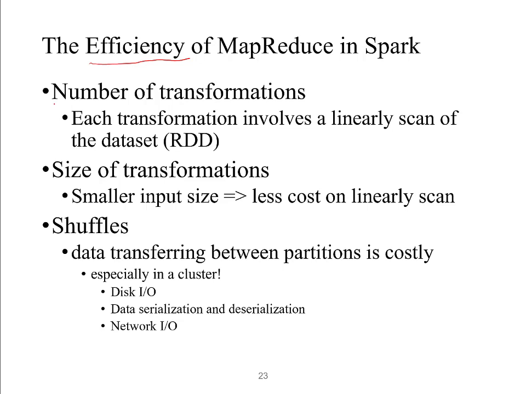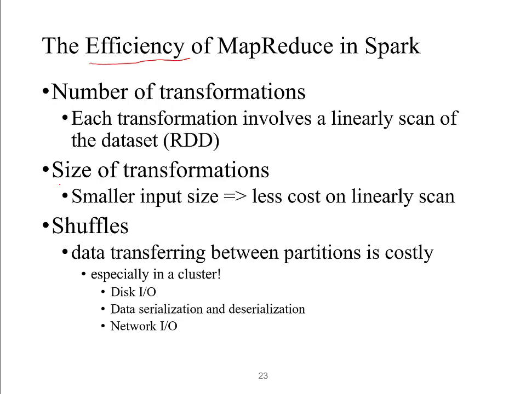Which means if you can finish the job in 2 transformations, let's say, you don't make it 3. Okay? Because every time a new transformation involves a new linear scan of the whole dataset. This is especially important when the size of the dataset is large.